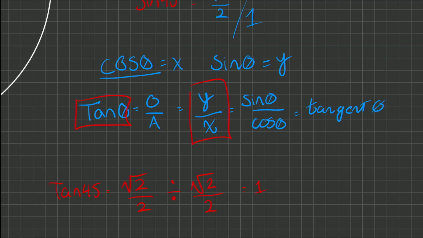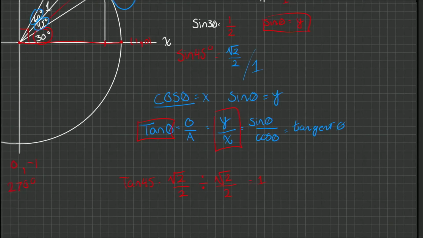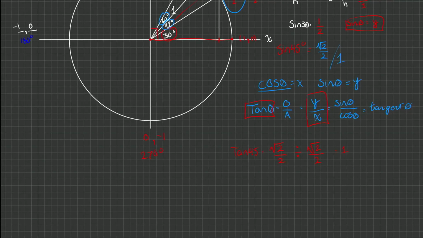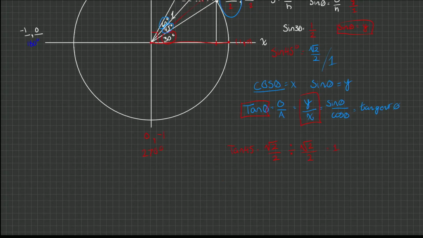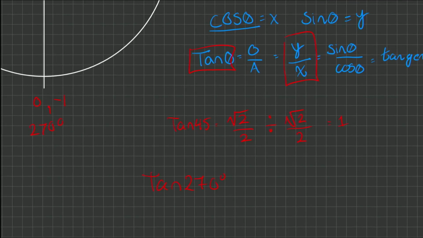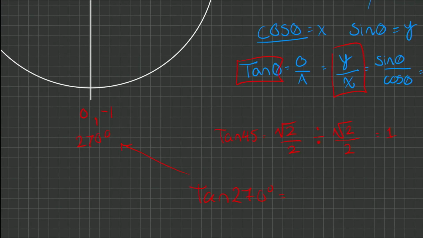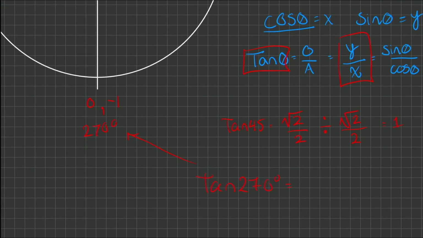So now we've found a simple way to find the exact values of these trigonometric ratios really easily, right? So let's say we were looking for tan of 270 degrees. The way you do this is you refer to your unit circle here. We had 270 degrees as (0, -1).